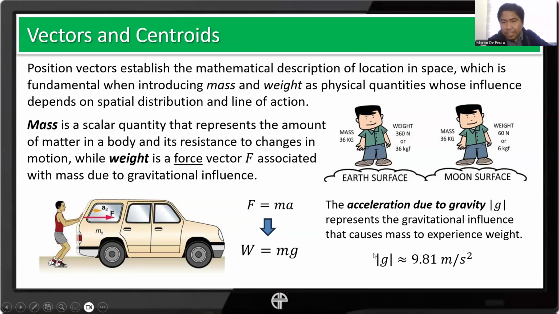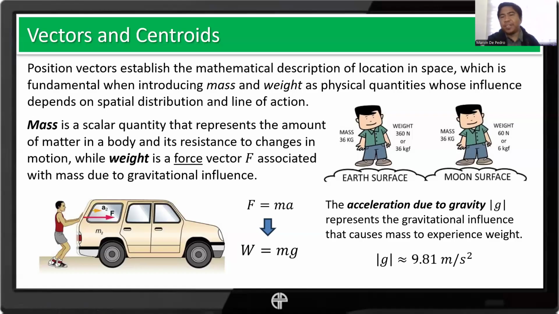Because this g, the acceleration due to gravity, is different in other areas of space. On Earth it is approximately 9.81 meters per second squared. The acceleration due to gravity, by the way, represents the gravitational influence that causes mass to experience weight.